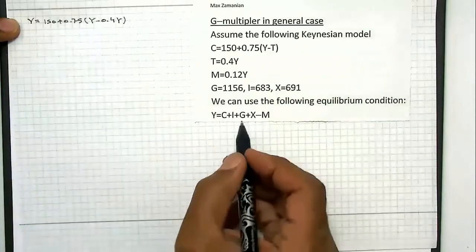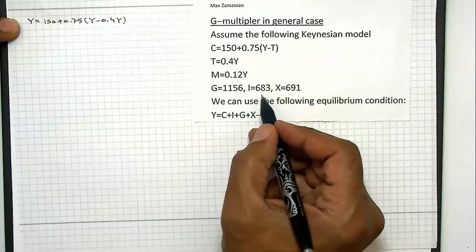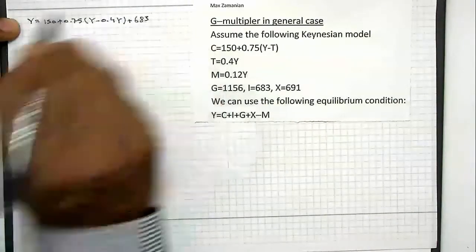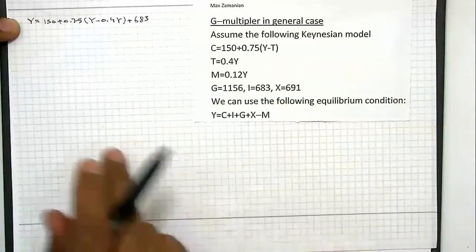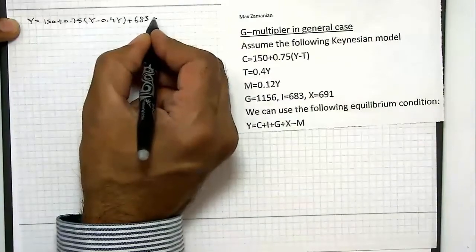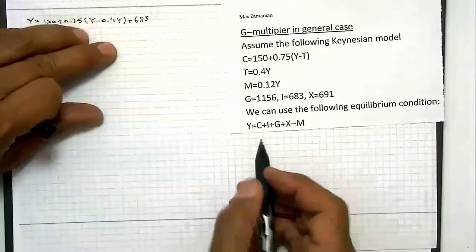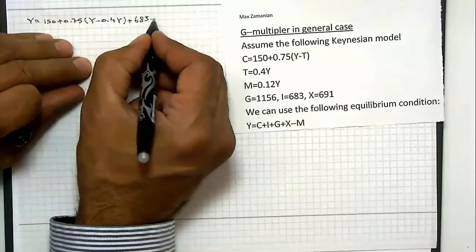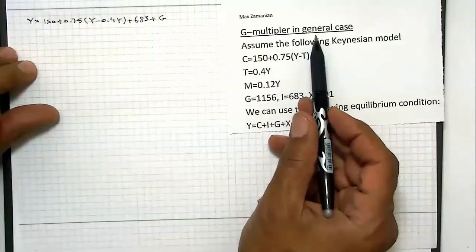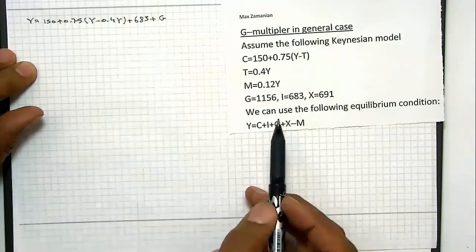Then we have investment here. The amount of investment is 683. I just put 683 here. And then export is, before export, maybe I should consider G. I let G be as it is, because to calculate the G-multiplier, you want to have y as a function of G. So you don't insert the number for G here.